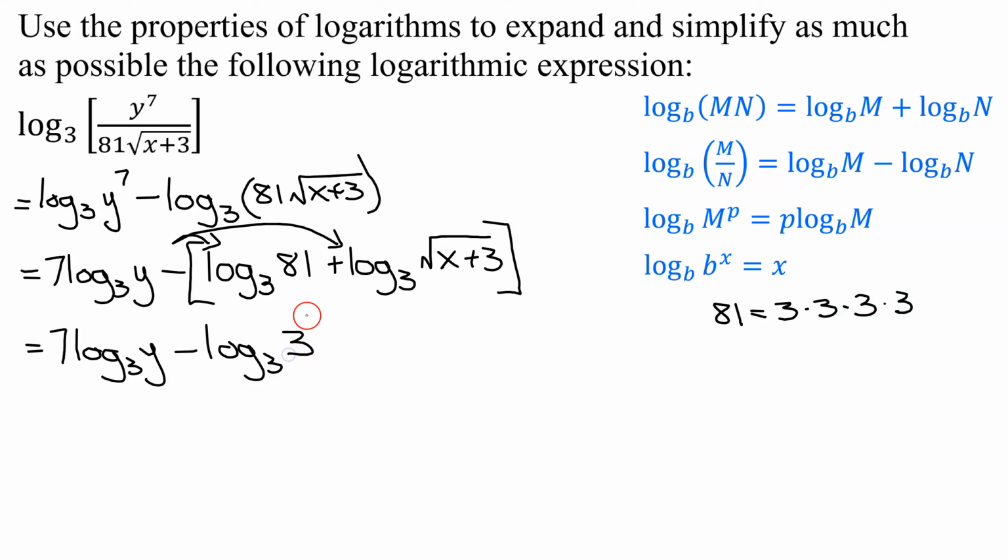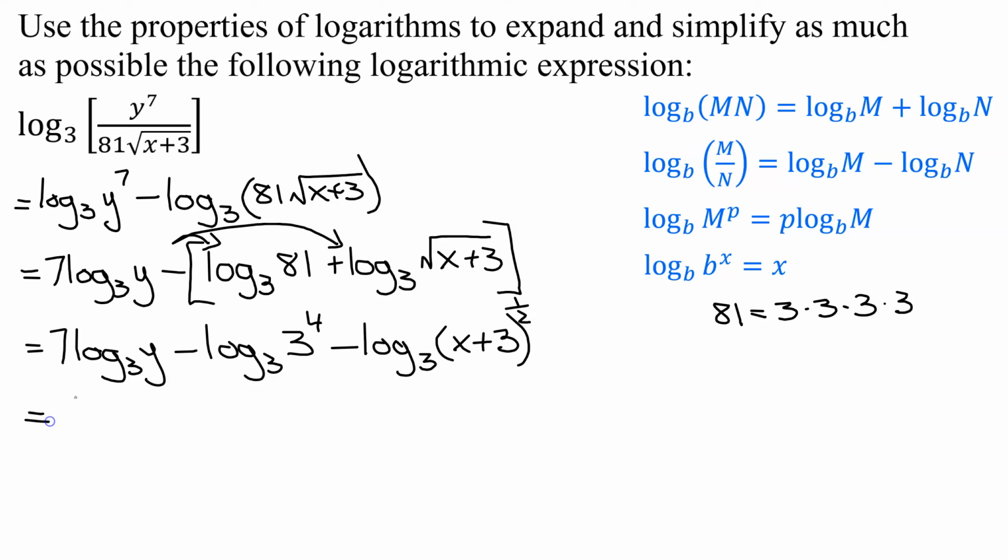So it is 3 raised to the 4th power. Then distribute in the negative, I'm going to have minus log to the base 3 of x plus 3, and I need to turn the square root into a rational exponent. The square root as a rational exponent is raising to the 1/2 power.